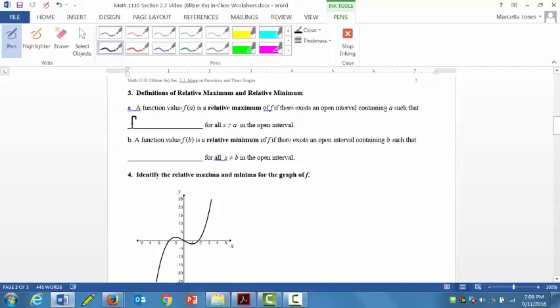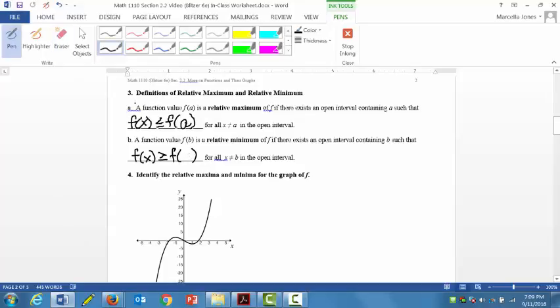When we want to define relative maximum and minimums, we're actually saying that the function f of a has a relative max if f of x is smaller than or equal to f of a for all x not equal to a in the open interval.